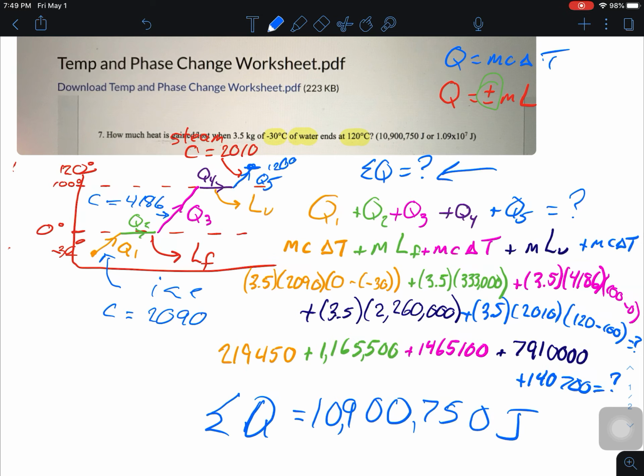Okay, so the key to this is there's 5 Q's. Hopefully you got 5 Q's. But remember, Q1 only goes from here to here, so it's negative 30 to 0. Q3 goes from 0 to 100, and Q5 goes from 100 to 120. Then also Q1 is ice with specific heat of 2090. Q3 is liquid water with 4,186 for a specific heat. And Q5 is steam with a specific heat of 2010. So hopefully that helps. If you need some further help, let me know via email.